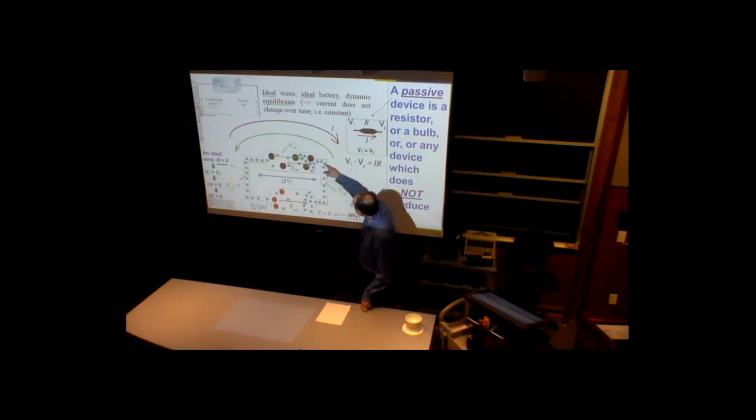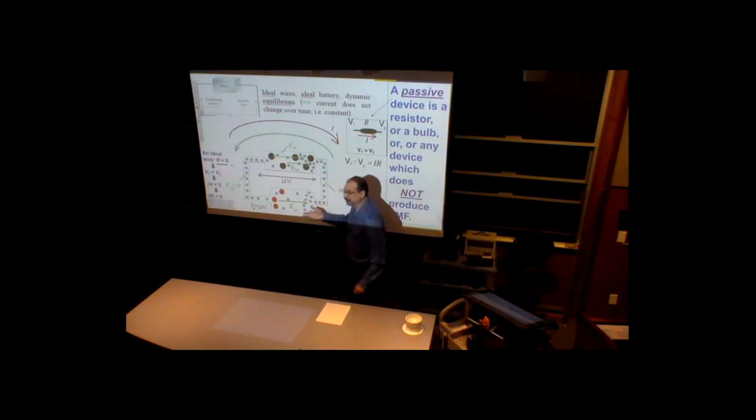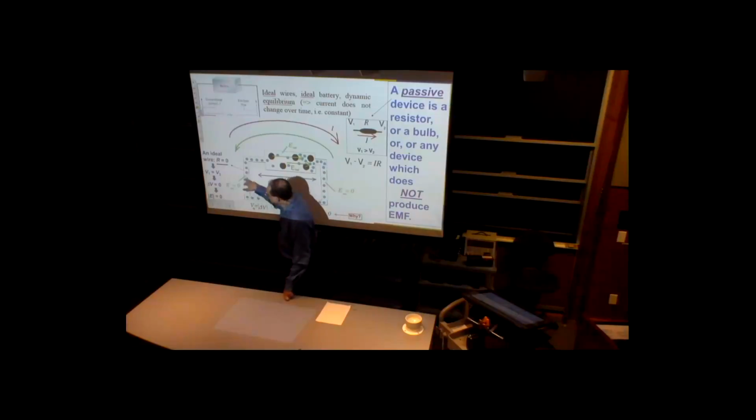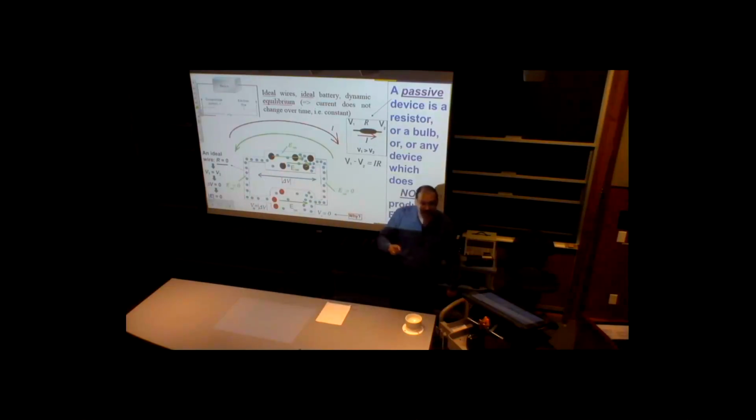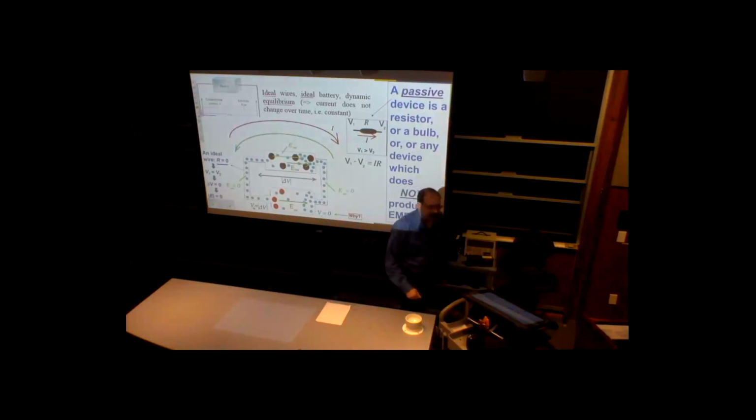But if a wire doesn't have resistance, R equals 0, there is no potential difference. So an ideal wire doesn't change electric potential. That's it. Where electric potential changes, from high to low, we say potential drops.